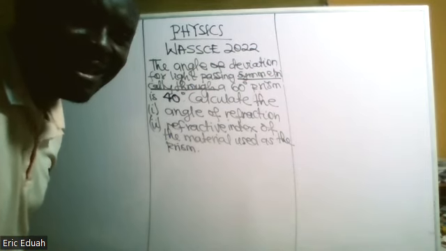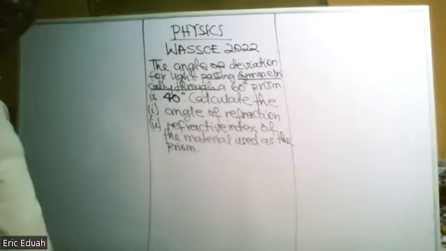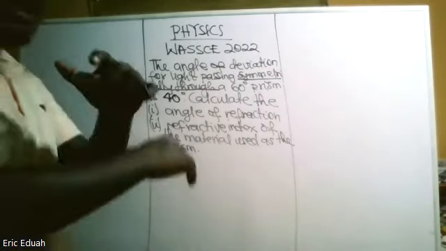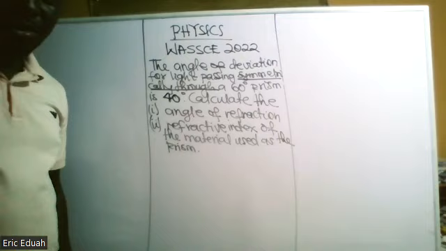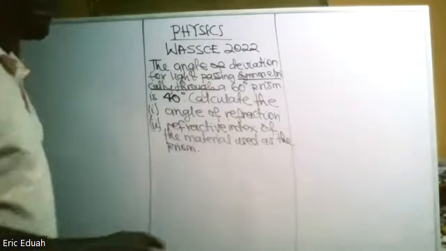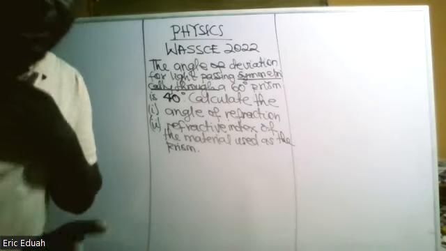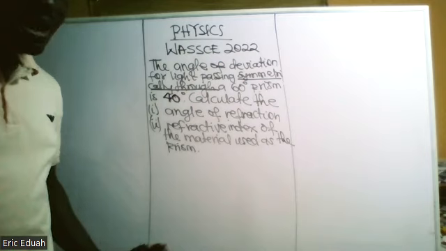Please, is it minimum deviation? Yes. The light passing through the prism symmetrically means that we are at a condition of minimum deviation. Please, are we okay?